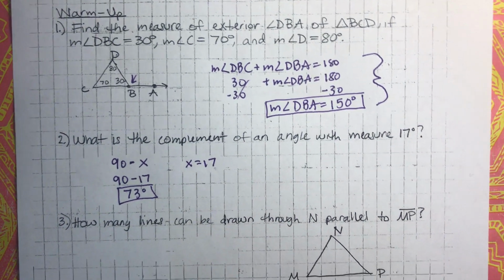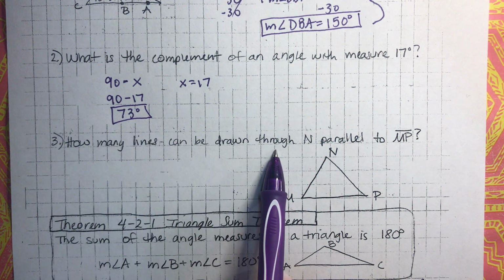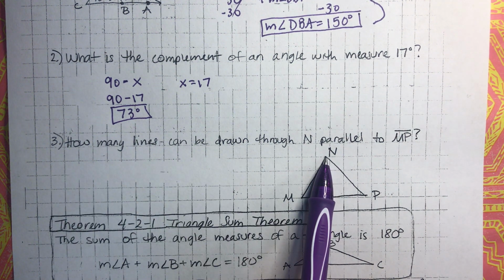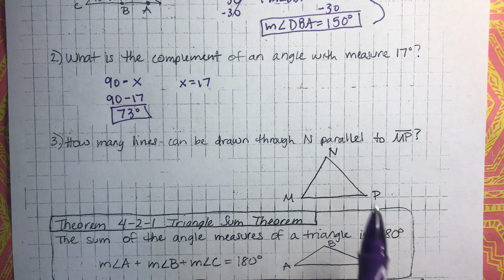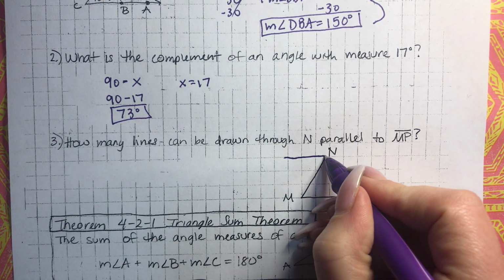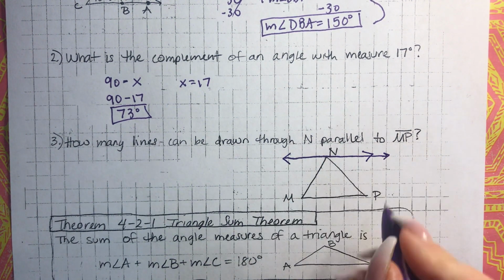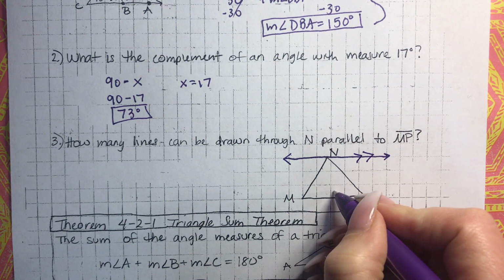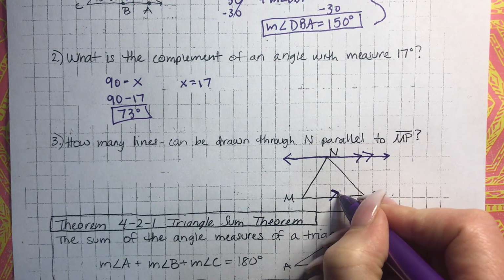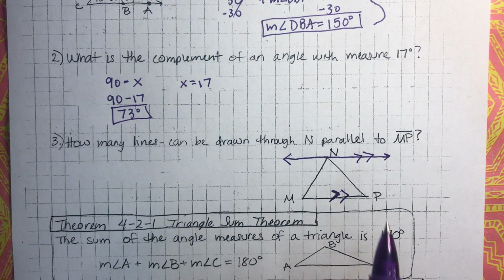All right. And on to number 3. Number 3 states, how many lines can be drawn through N parallel to MP? There can only be one line drawn through N that is parallel to NP.